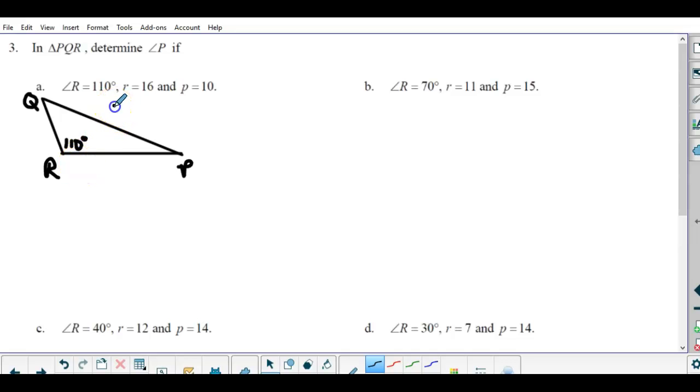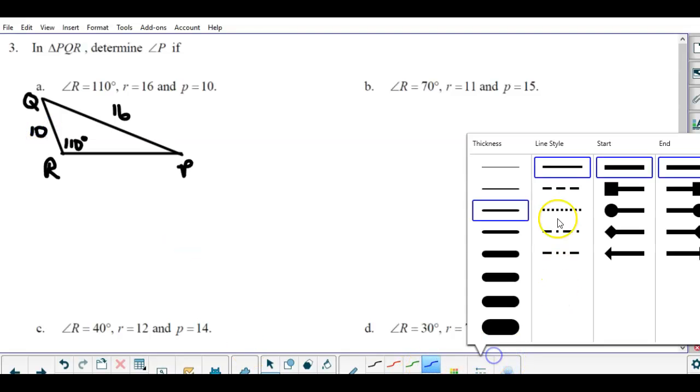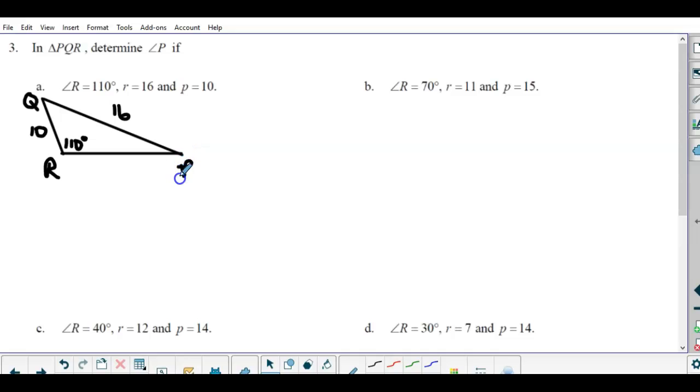Okay, little r is 16, little p is 10. So then you're looking for angle P, and it's opposite the smaller side. So what did that tell you in the last one?